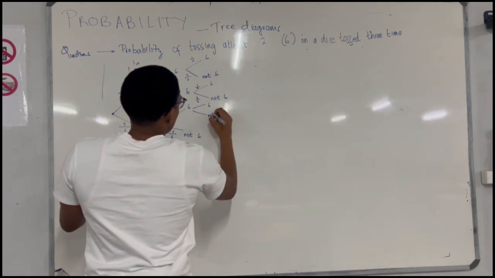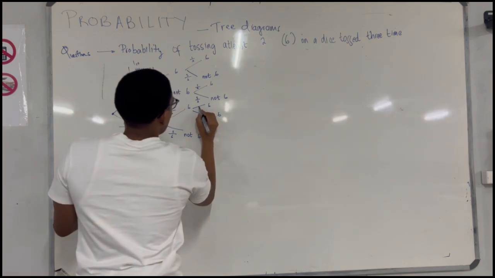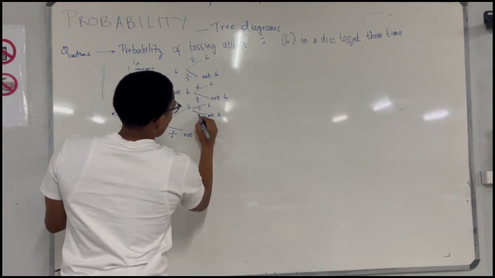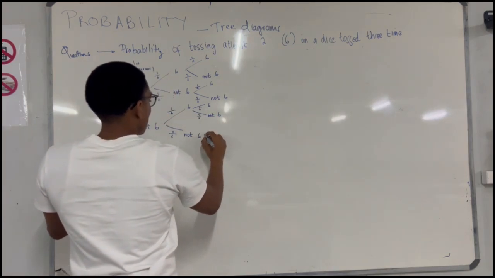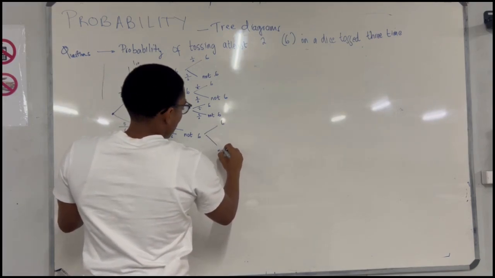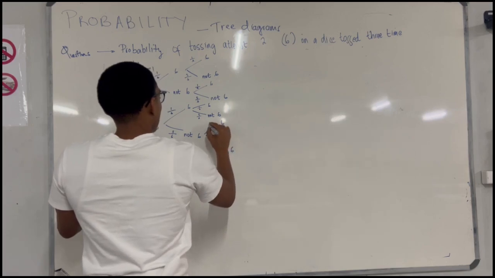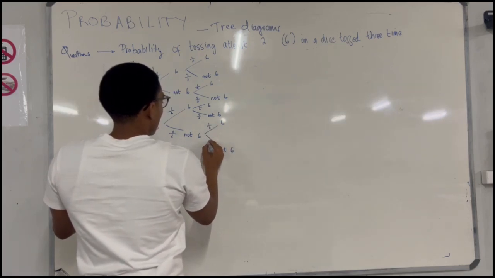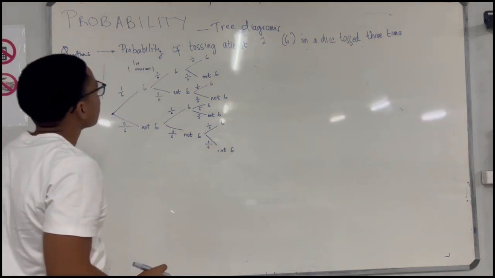And there's no space. From not 6, either you now toss a 6 or not 6. So here is 1 over 6, 5 over 6.